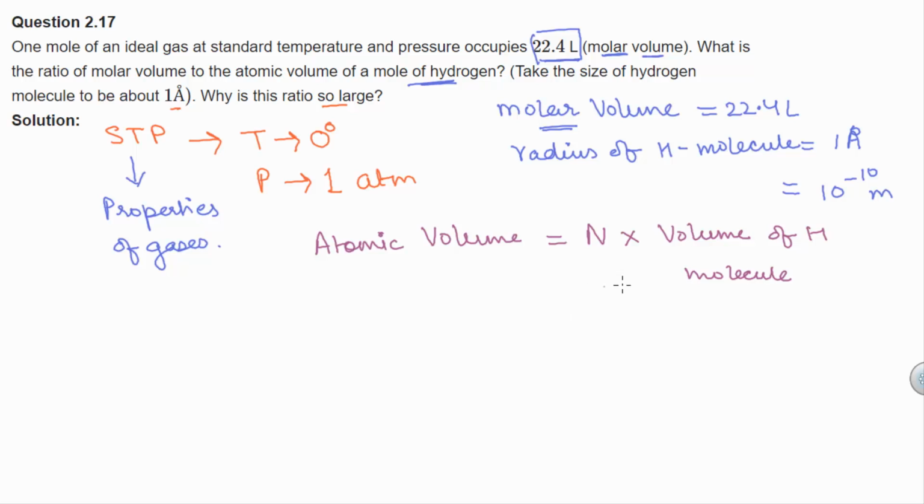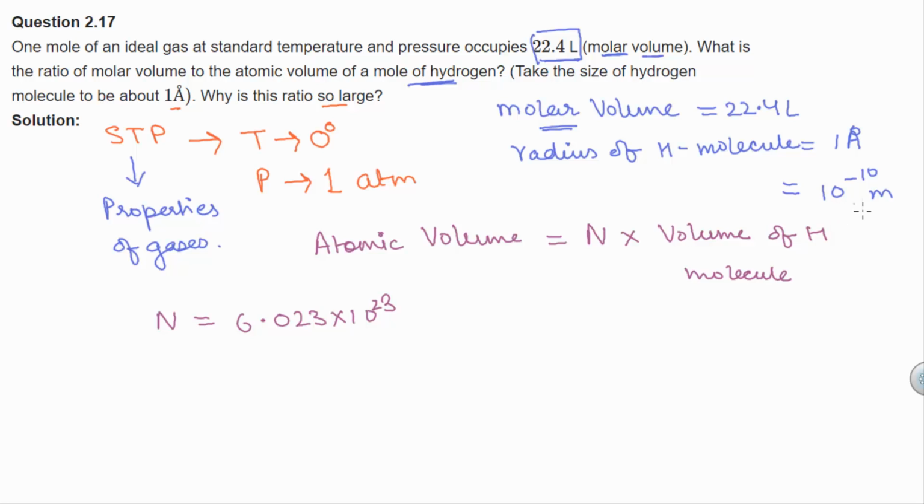Now we know that Avogadro's number N is equal to 6.023 into 10 to the power 23, and we also know the radius of hydrogen molecules.